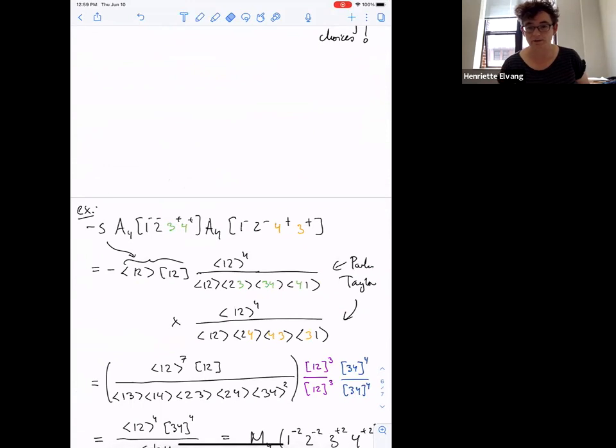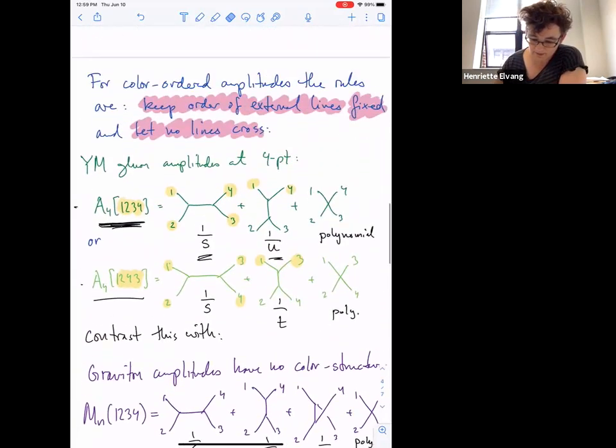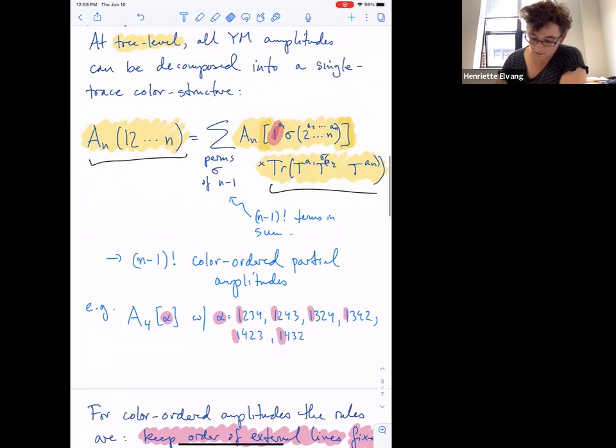There are no f^{abc}'s. There's nothing that carries the adjoint indices in that respect. The color ordered amplitude really is just a shorthand notation that keeps track of the corresponding orders of the traces. So in a sense, they don't carry those indices so explicitly. I should perhaps have written this as just the permutations of the ordering of the lines, but they don't really carry the adjoint indices.